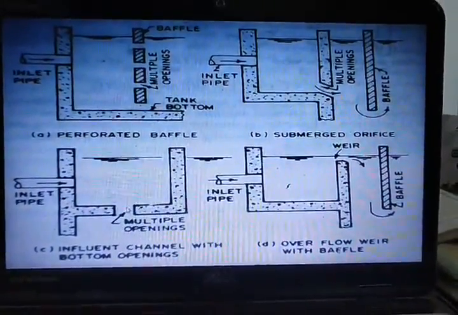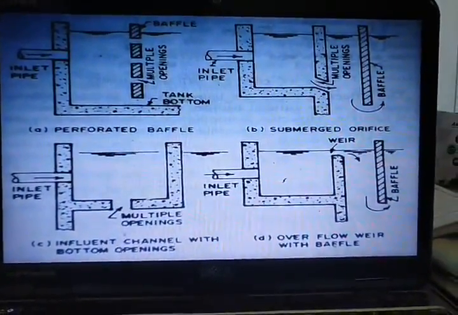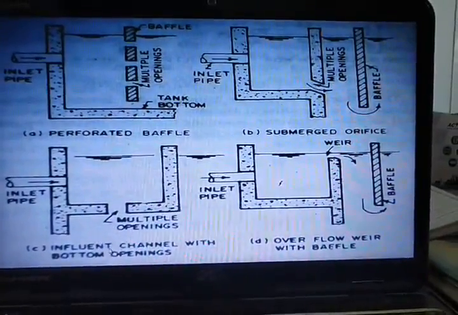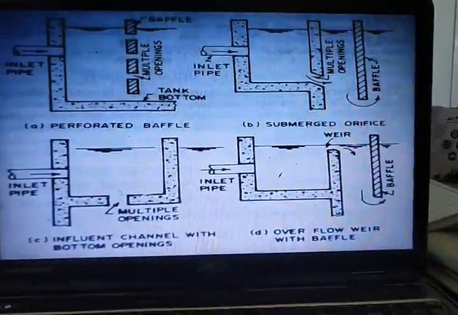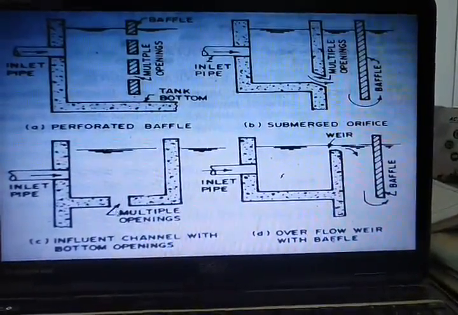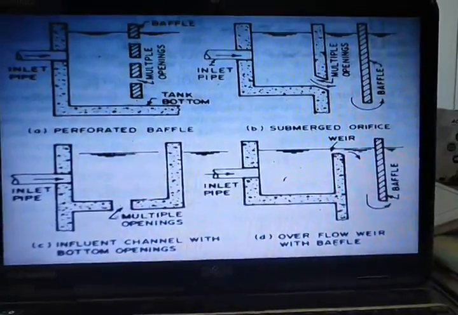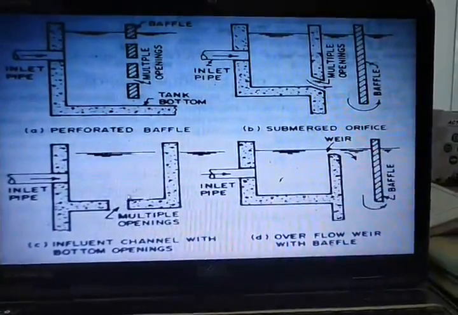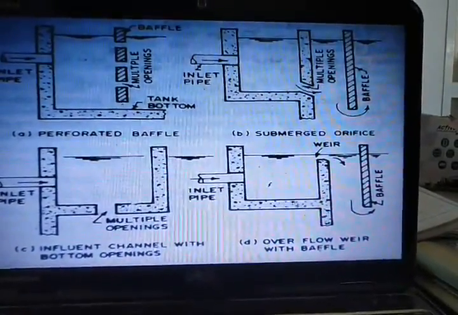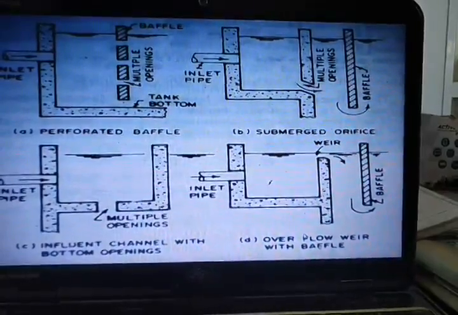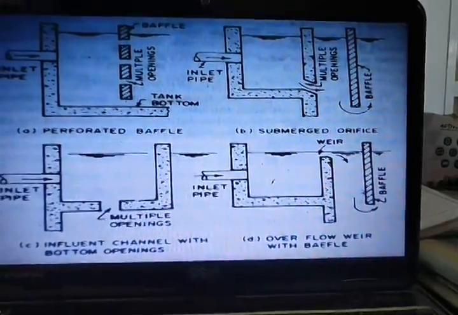Okay, similarly from the bottom there could be multiple influent channels with bottom openings. So this is one such kind wherein you can have multiple openings through which the water is let in inside the sedimentation tank. Okay, similarly another type is the overflow weir type with a baffle wall.